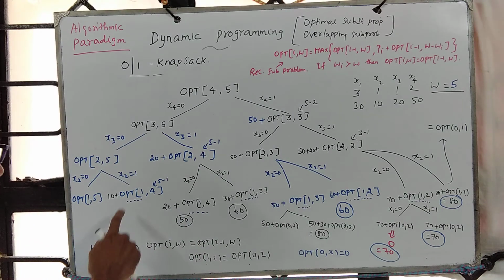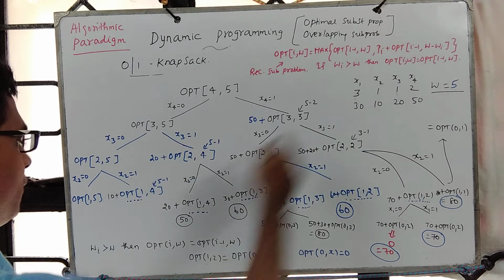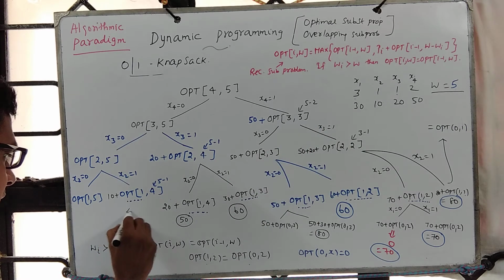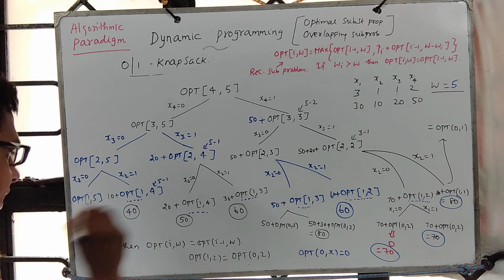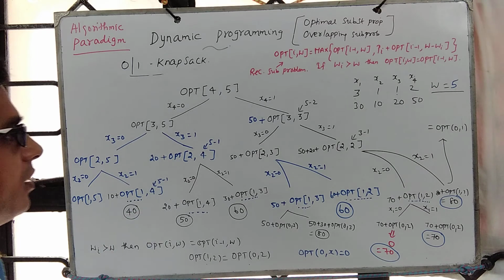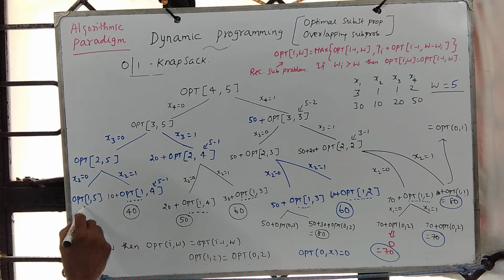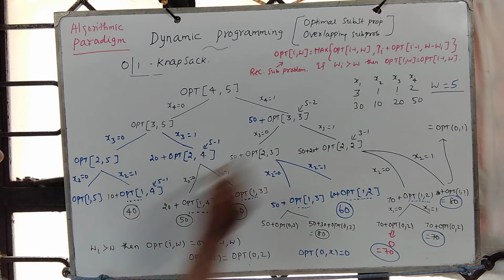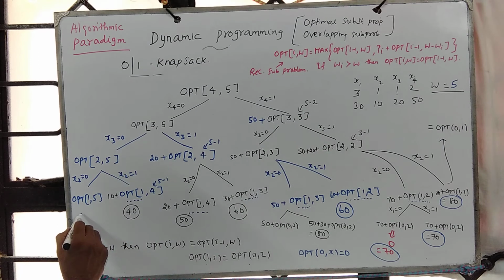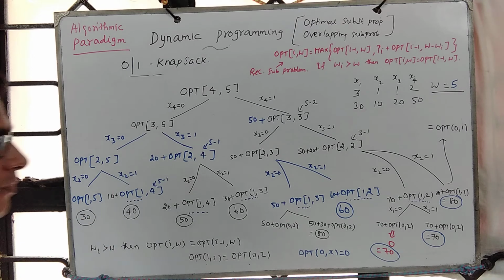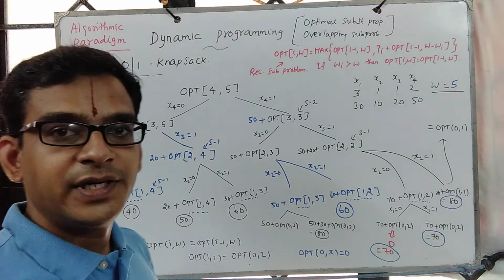Fine. And this one, 1 comma 4, we can include this. One branch will tell you 0 comma 4, another branch will tell you include x1, so we get this. On this branch, one branch will tell you 0 comma 5, another branch will tell you include the first one, so we get a profit of 30. Fine.